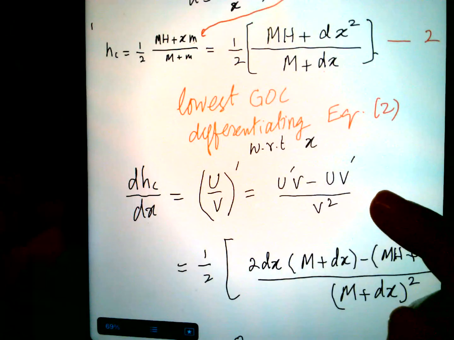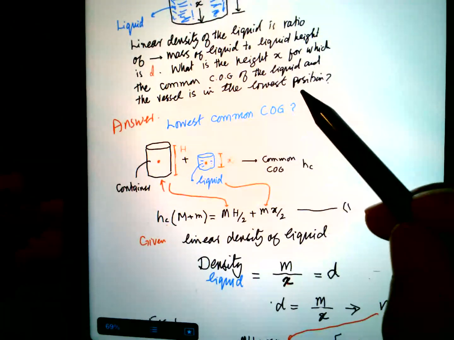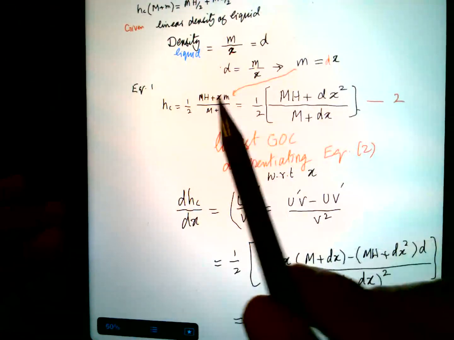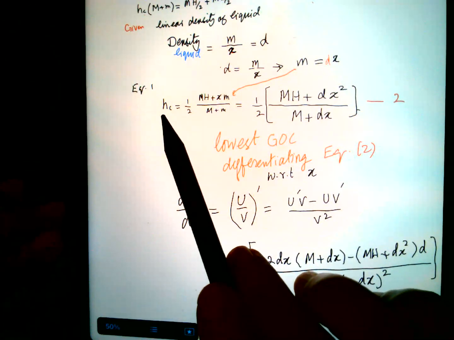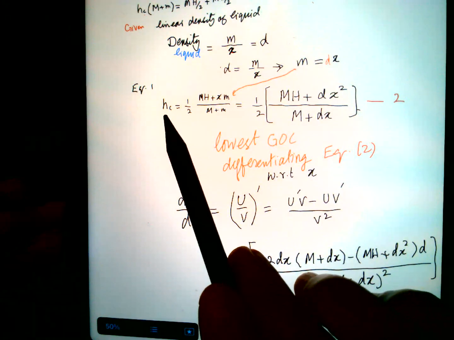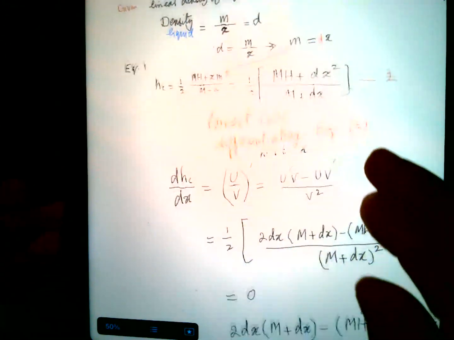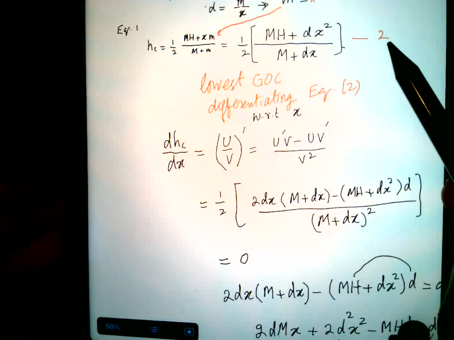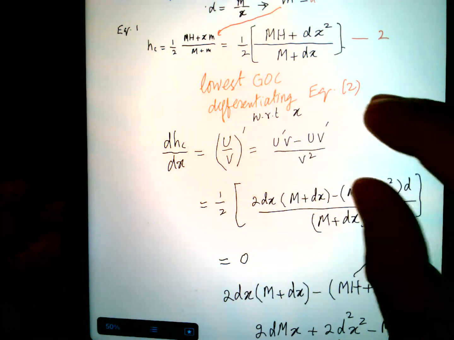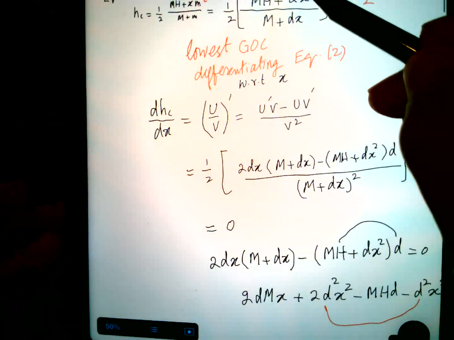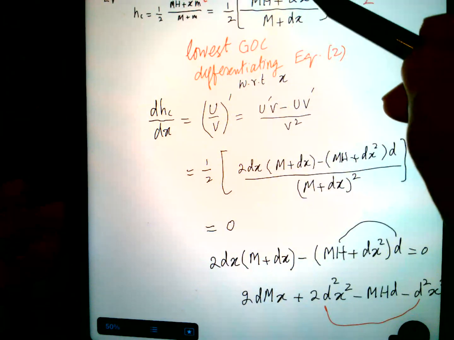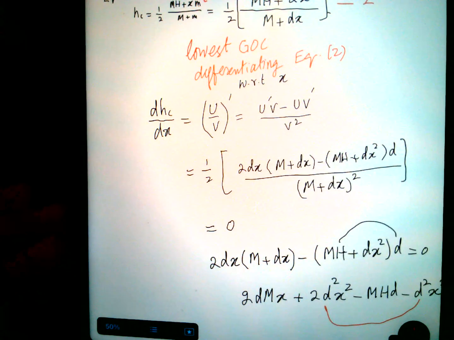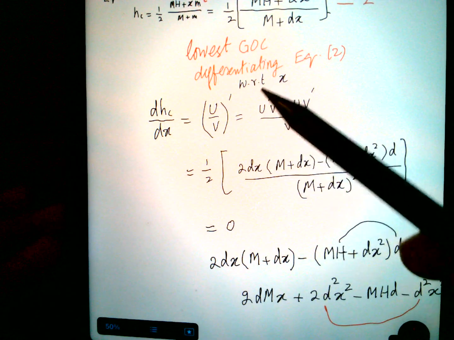Now we have to find the lowest position. That means we have to differentiate this hc with respect to x. So for the lowest center of gravity, we have to differentiate equation number 2. In this one we have u and v, numerator and denominator.